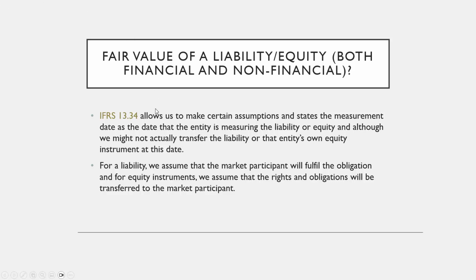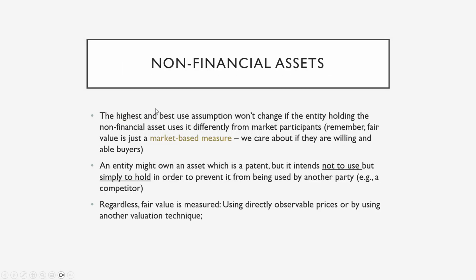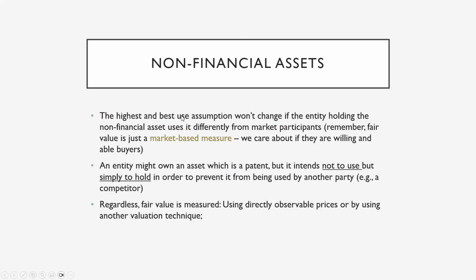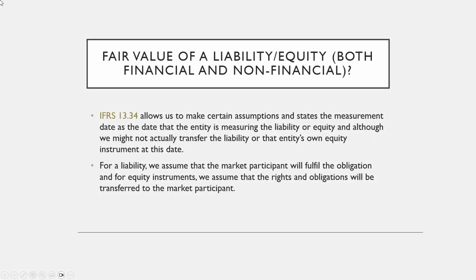So if you're ever asked for the fair values, I would refer back to these: the non-financial assets' fair values being their highest and best use, and the financial and non-financial fair values of liability and equity.